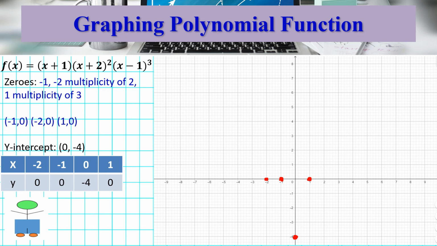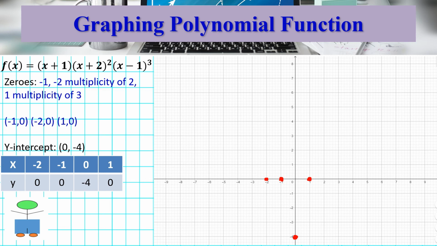So we have next yung multiplicity daw natin. Pagdating sa negative 1, isa lang yon. Pagdating sa negative 2, dalawa. So medyo mag-turn siya dun sa negative 2. And sa 1 naman, multiplicity of 3. So medyo mag-standby siya ng konti dun.